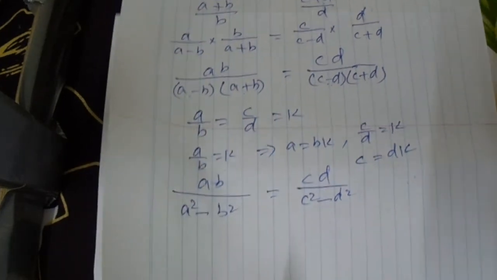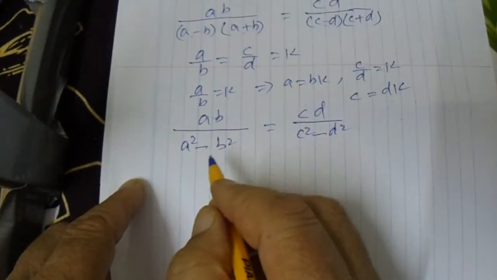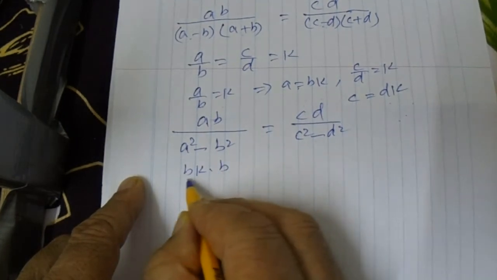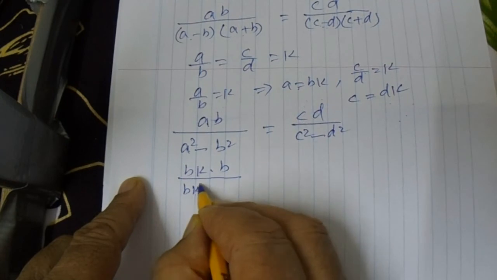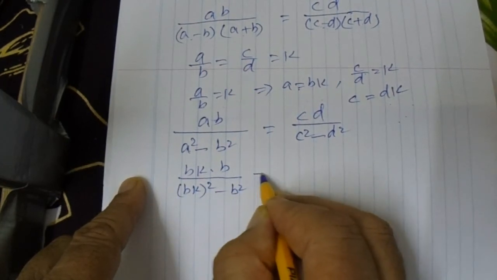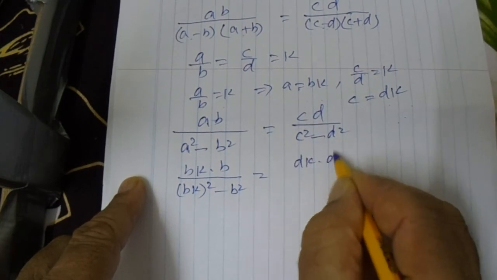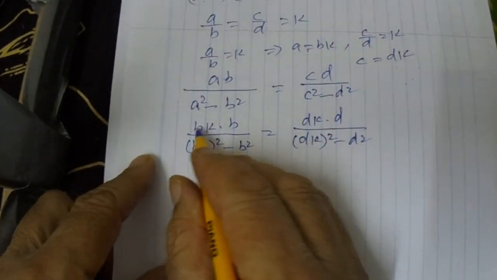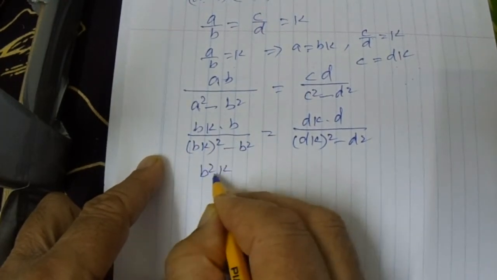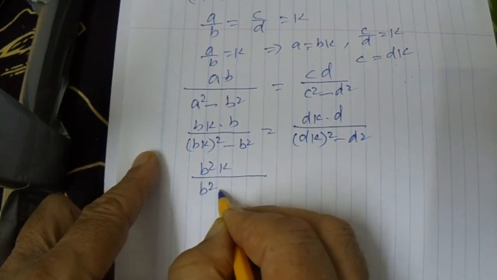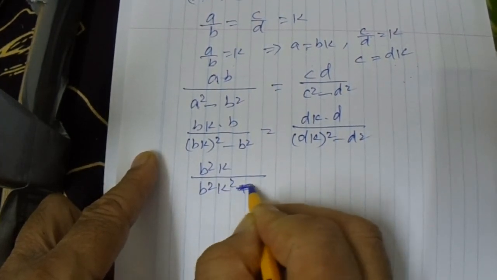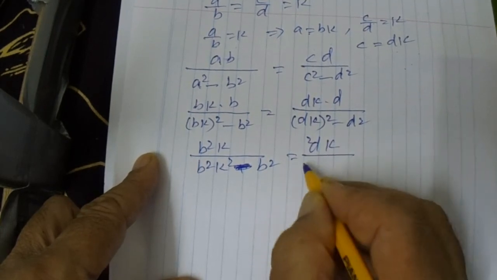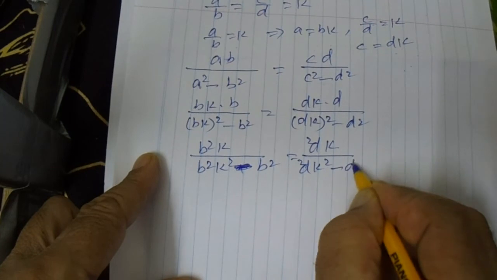Now we put the values of A is equal to BK, by putting BK this and BK into B, over BK square minus B square is equal to C is equal to DK into D, and DK square minus D square is equal to also B square K. Now again in the denominator B square K square minus B square is equal to D square K over D square K square minus D square.